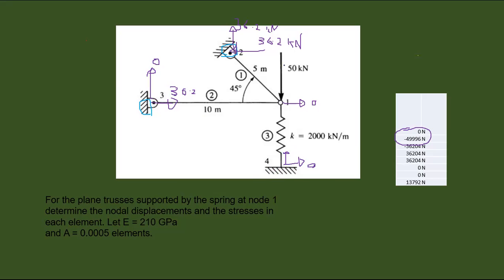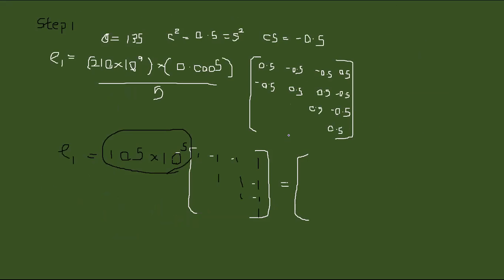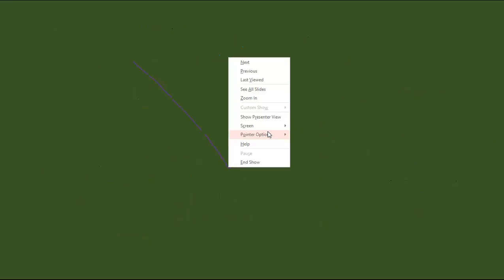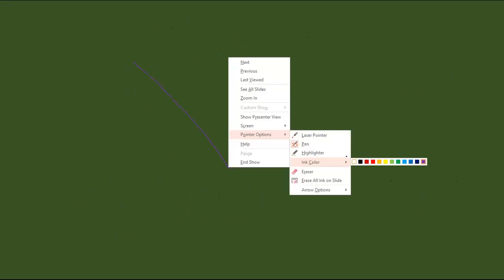here 13.7. If I need to calculate, since I know the forces at the supports, right? This angle is 45, right? I can take the components and find the forces at any node. For example, it's like this.